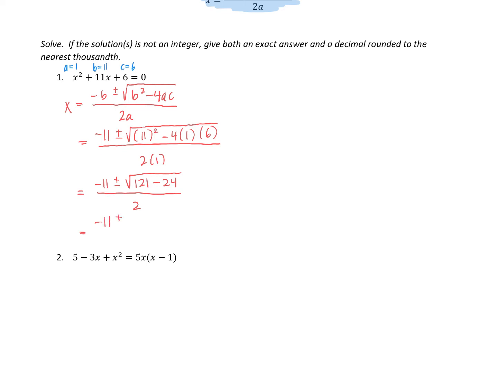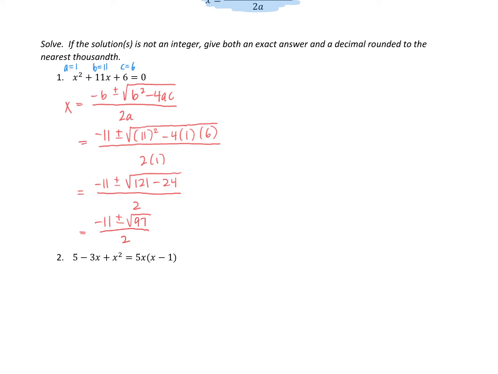So negative 11 plus or minus the square root. 121 minus 24 is 97. All over 2. So at this point, you would want to try to reduce the square root of 97 if you could. You cannot do that. So this is your final exact answer.